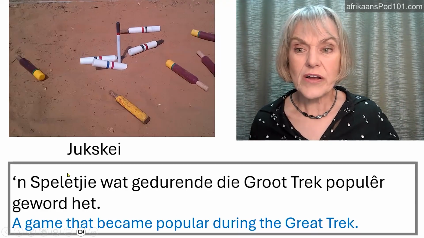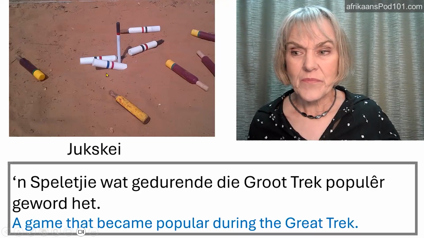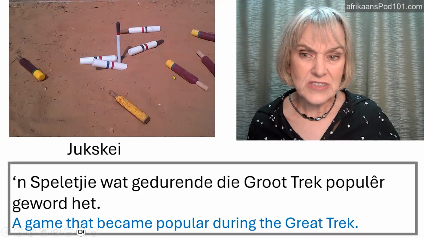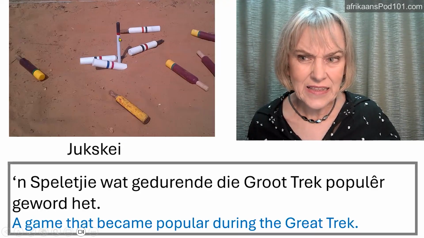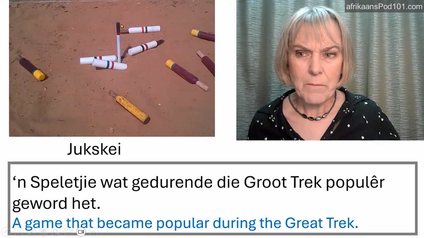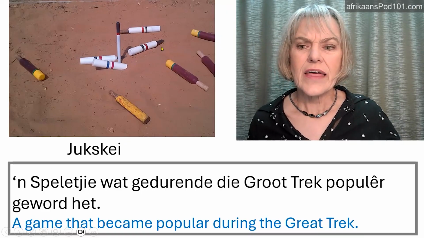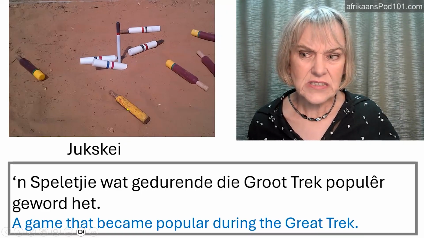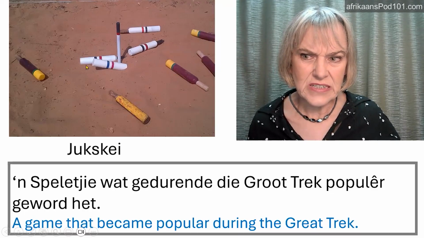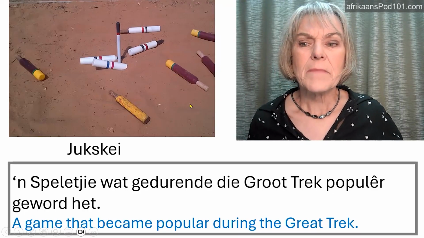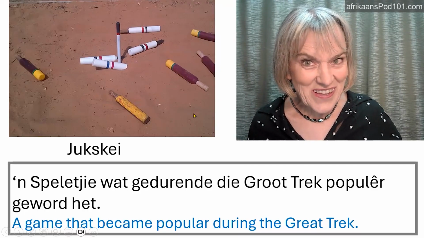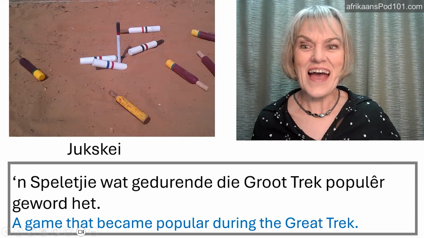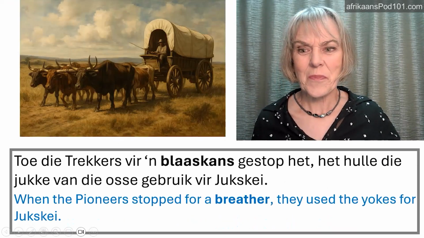These markers here, these parts that are used, the skeie, we call this a skei, and this is a peg in English. These are modern, and you can see they're the different colors for the different teams. But that's not really what they played with originally. I'll explain how it worked then.